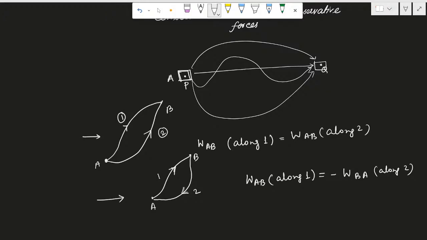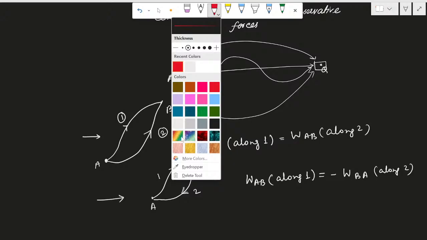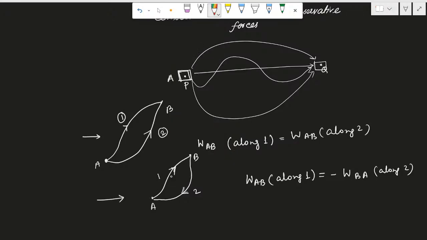Now here is an interesting point. If you consider this a closed path, from A to B then B to A, do you know what a closed path is? That path which starts from a point and ends on that point only. It starts with A and ends on A only.